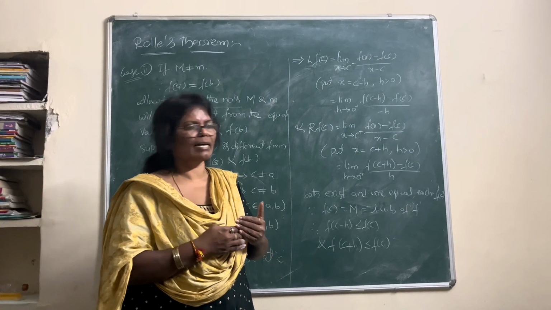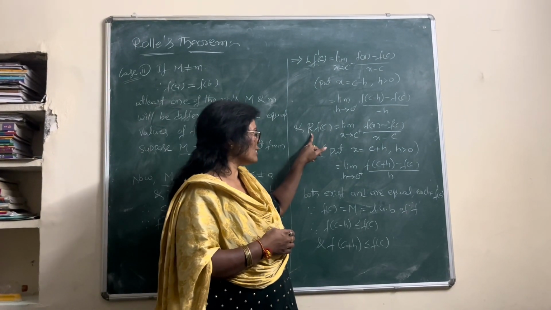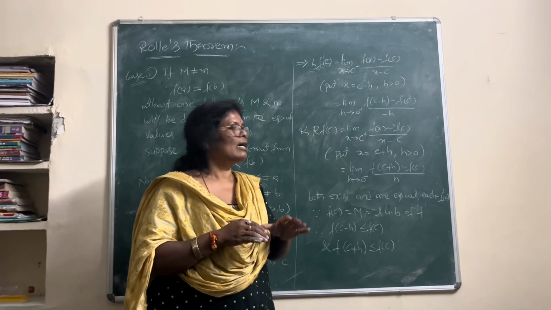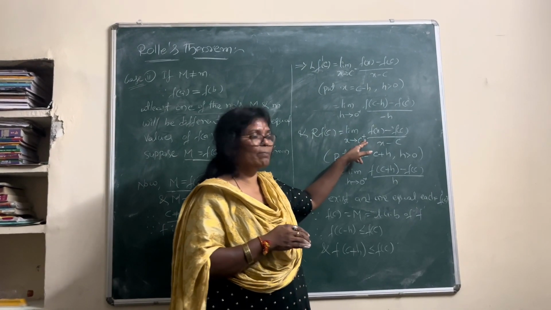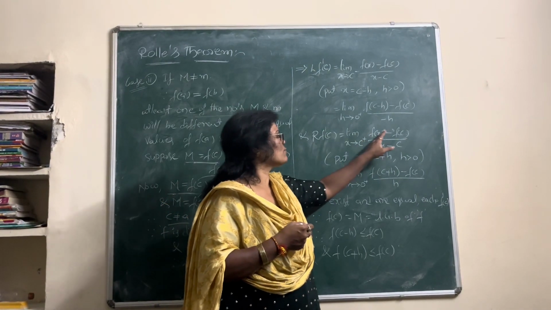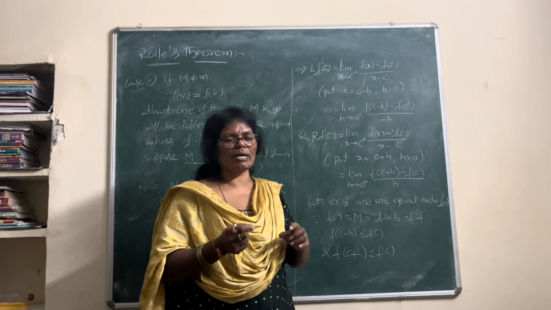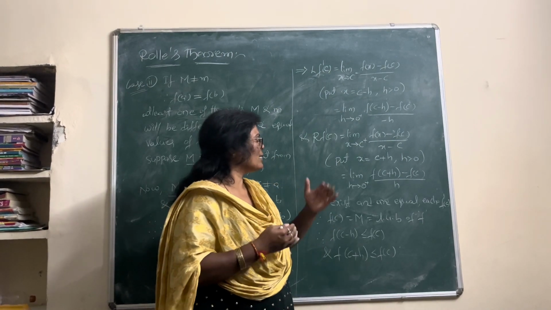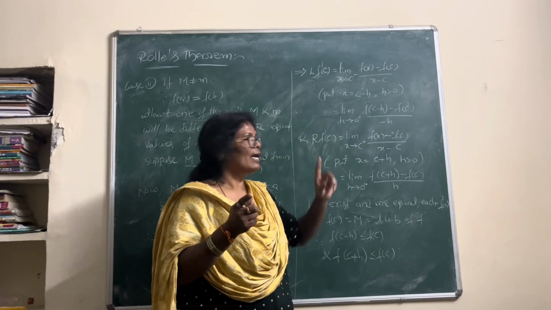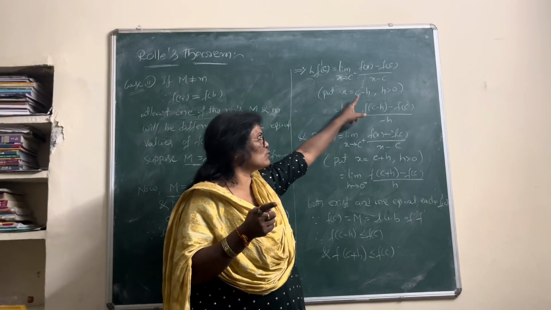Similarly, we'll see the right hand derivative at the point c, that is Rf dash of c. That we can define as limit x tends to c plus, with the plus only, of f of x minus f of c by x minus c, same. Here we'll put instead of x, c plus h. In the left hand derivative it was c minus h.